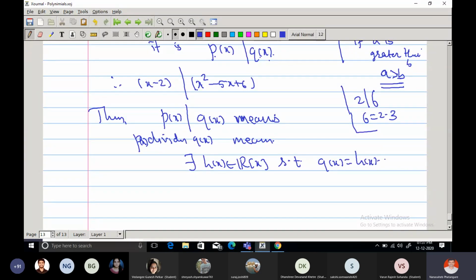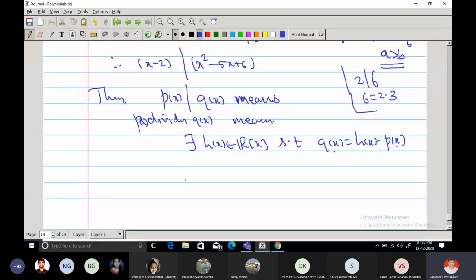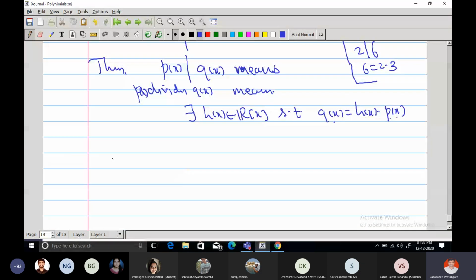So if fx is equal to x minus 1 and gx is equal to x cube minus 3x square plus 3x minus 1, does fx divide gx? Is it true? You check this.